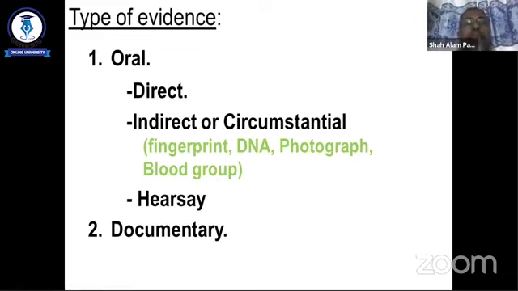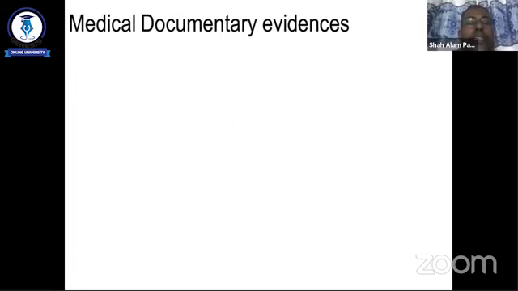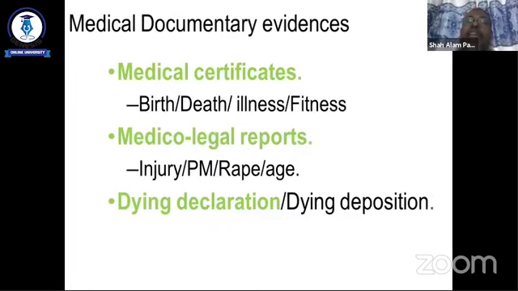Types of evidence, for examination purpose, you can say like this: oral evidence and documentary evidence. Oral evidence may be direct, indirect, or hearsay. Medical documentary evidences are of three kinds: one is medical certificate, another is medical legal reports, another is dying declaration.